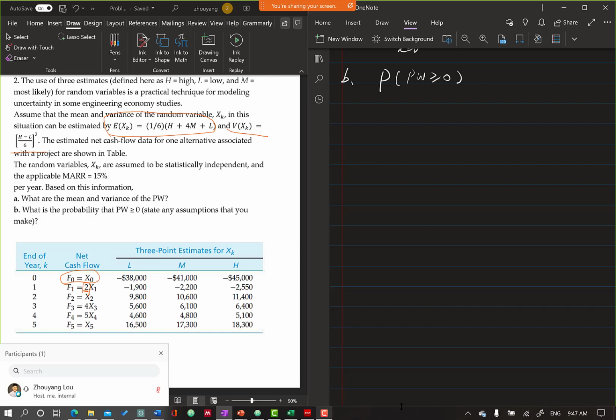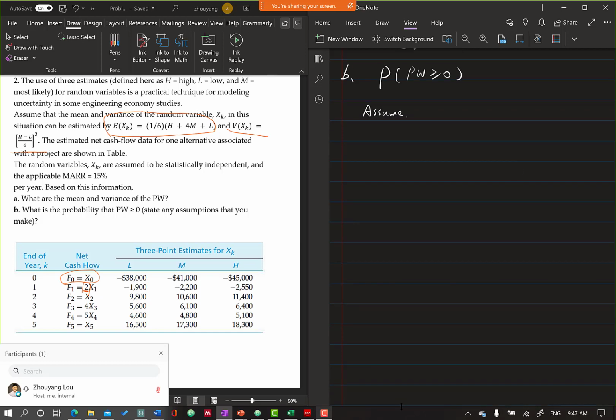And to get this probability, we first need to assume some probability distribution on this random variable present worth. And we are gonna assume, since we only learned about the normal distribution, so we can still keep using this probability distribution.